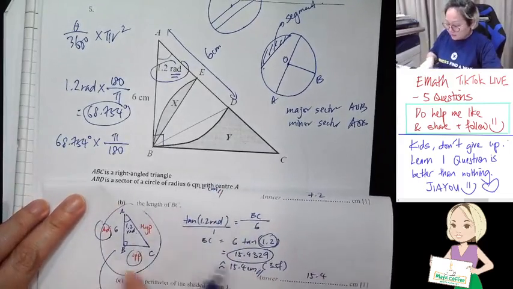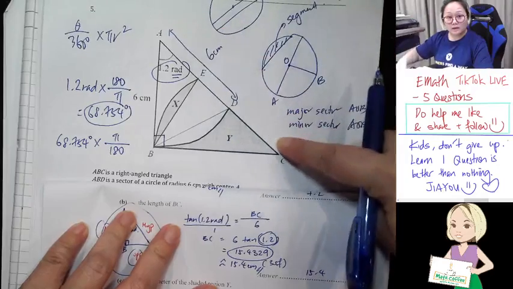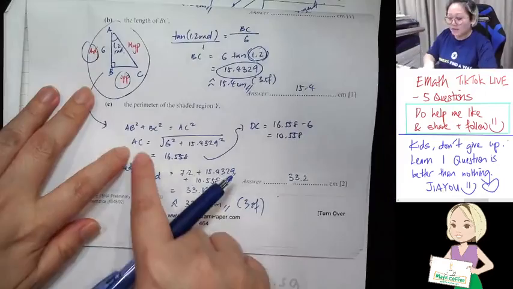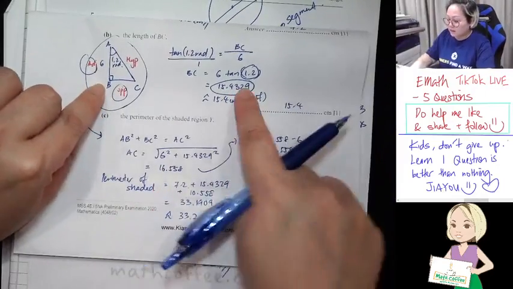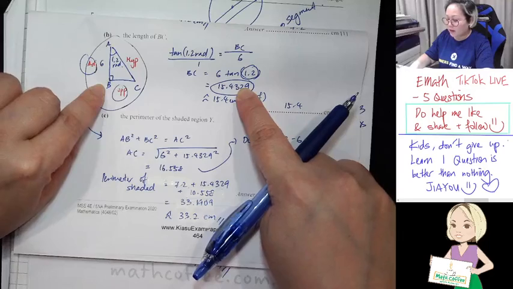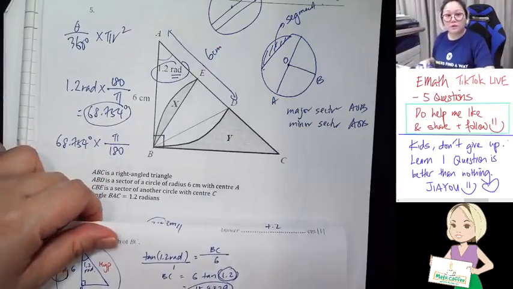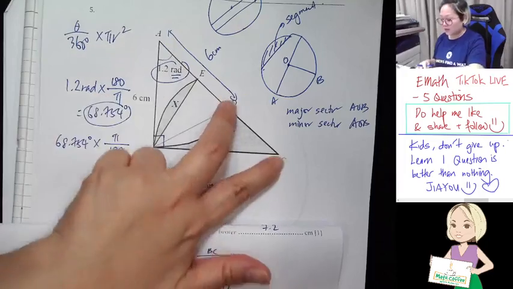Okay, see here. I can find AC, which is this whole thing here. So use Pythagoras theorem. What I did was AC equals 6 squared plus the one that I just found, 15.4329 squared. Then after that, square root, I get 16.558. 16.558 is this whole thing here. And this one is the radius. I take this minus 6, I will get here.